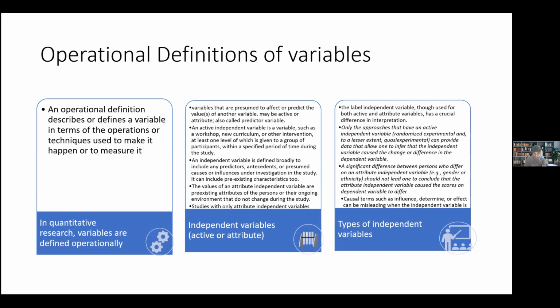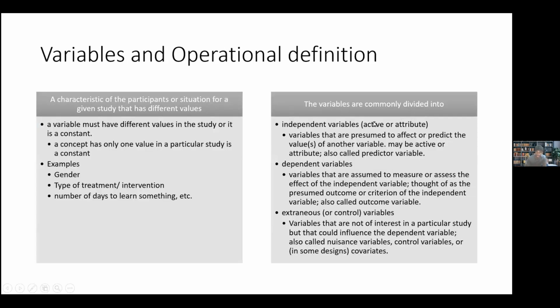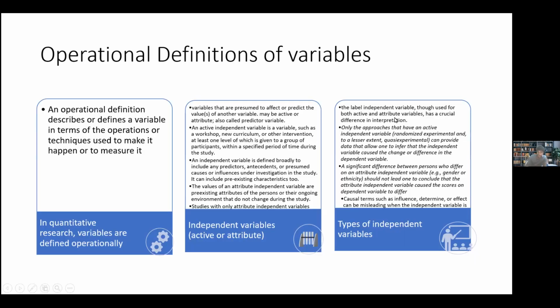Is the variable going to be independent or is it going to be a dependent variable? An operational definition describes or defines a variable in terms of what it does, how you're going to measure it, or how its effect is observed. That is what an operational definition of a variable is. We have already seen the definition of an independent variable. I also told you an independent variable could be an active variable or it could be an attribute variable.